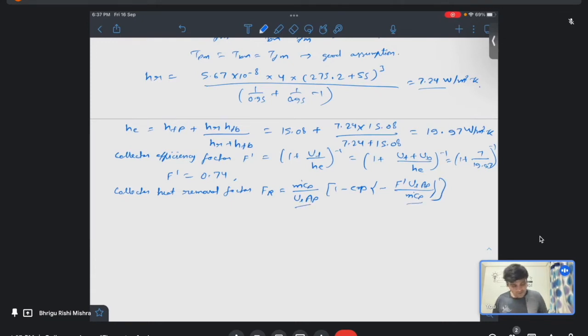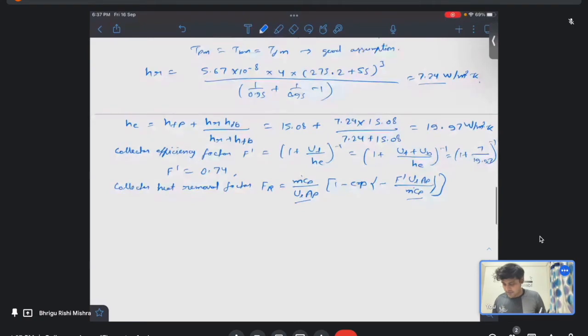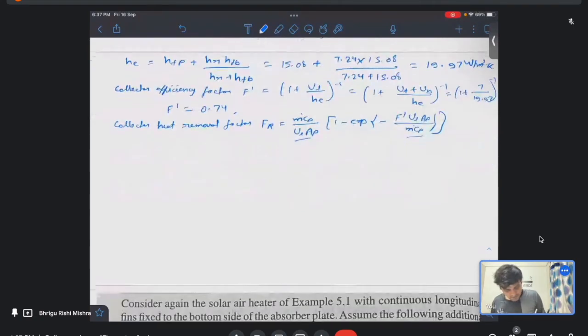Okay, so first we can calculate m dot Cp by UL AP. We need to take care of the units, because some are in kilogram per hour and some are in meter per second.